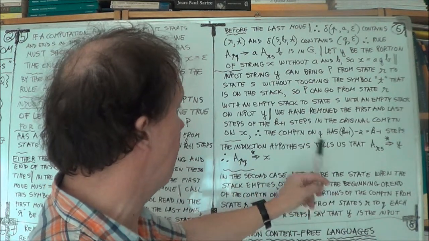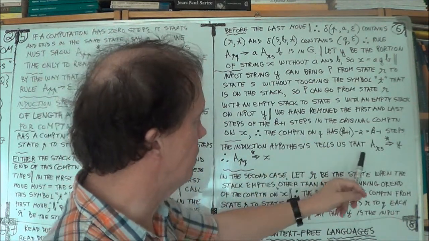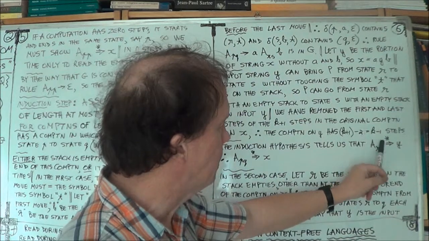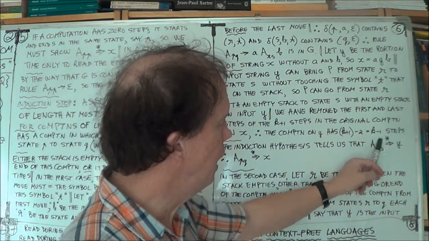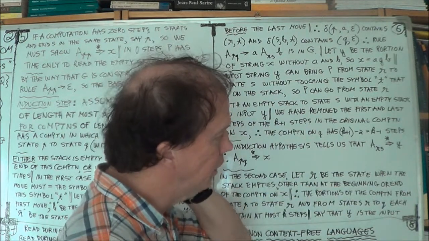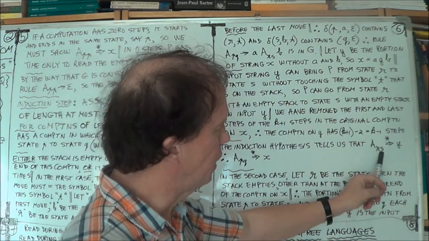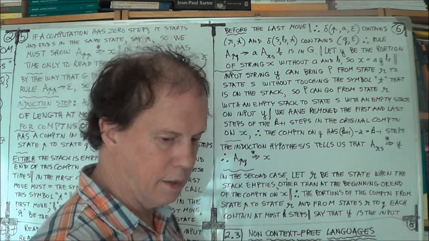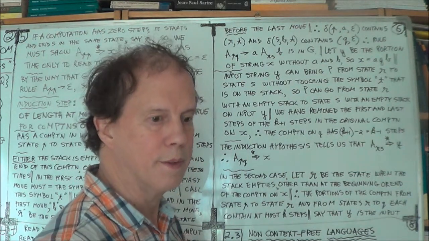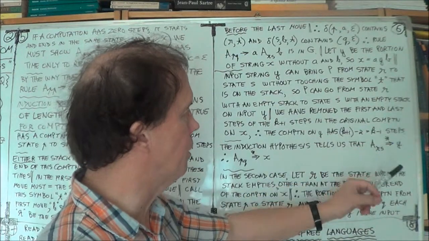Now, the induction hypothesis says that you can derive from state r to s in fewer than k steps. Well, in fact, we've got k minus 1.